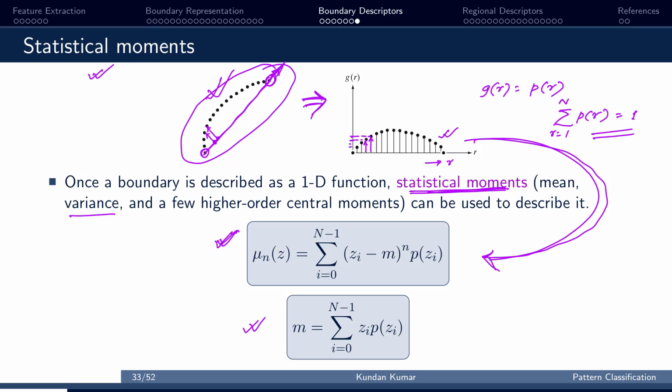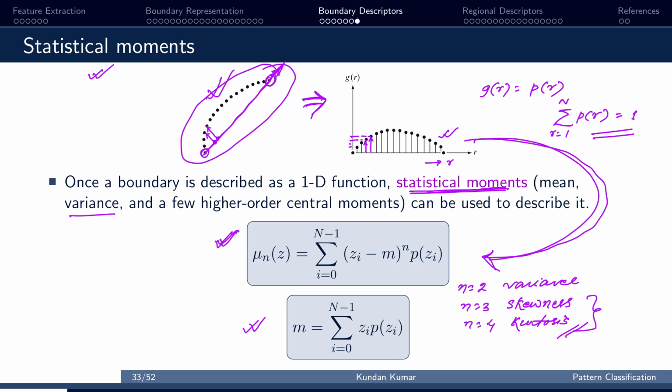When n equal to 2, it will be variance, n equal to 3, it will be skewness, and when n equal to 4, it is called kurtosis. So these are basically the higher order central moments.